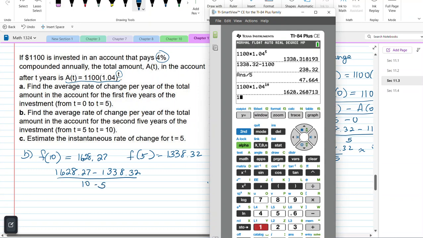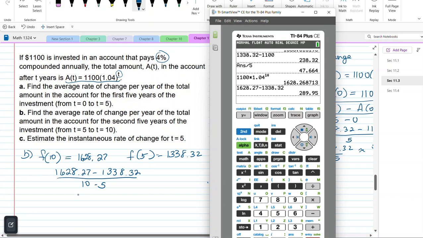So 1628.27 minus the 1338.32 is 289.95 divided by the 5.